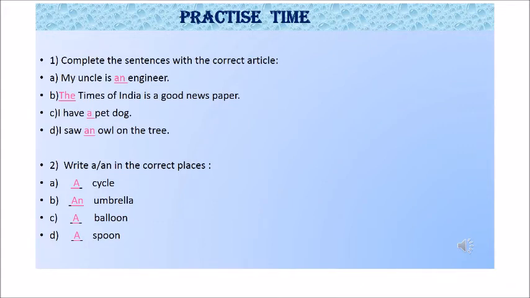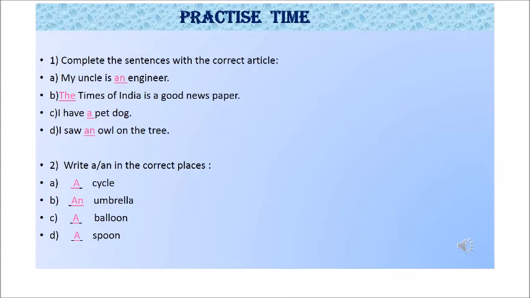So, the answer will be "an umbrella". Balloon. The first letter is a consonant, so the answer is "a balloon". Last word is spoon. The first letter of this word is S, and S is a consonant. So I have written "a spoon".